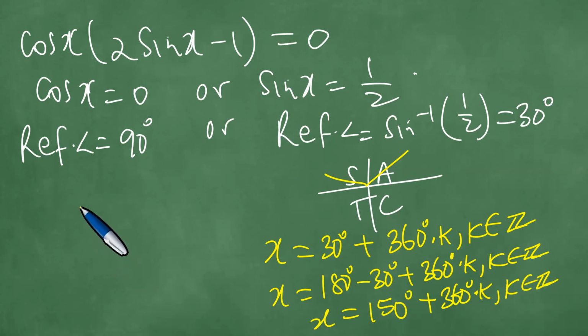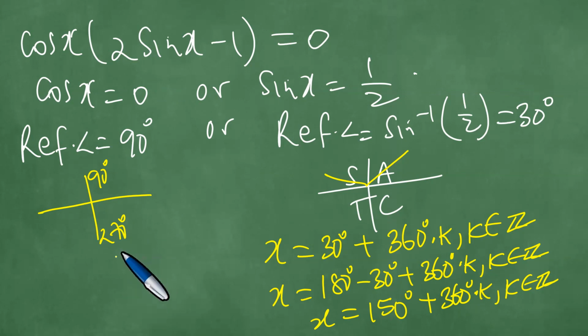Now you also look at the 0 here, meaning when is the cosine 0? It is 0 at the 90-degree angle, but also it is 0 there.